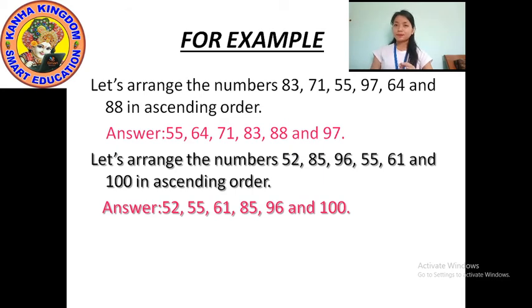So see, in the numbers 52, 85, 96, 55, 61 and 100, the smallest one is 52. After 52, 55 is the second smallest number. After 55, 61 is the third smallest. After 61, 85 is the fourth smallest. After 85, 96 is the fifth smallest.